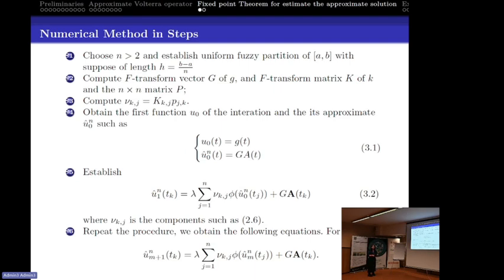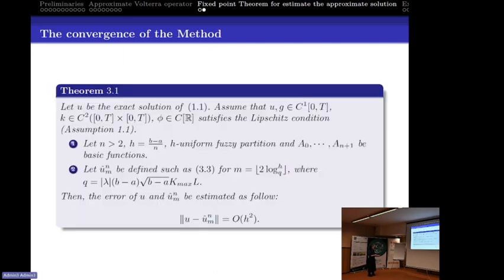Actually, the larger M is, the better the approximate solution is. However, in this theorem, this is the final theorem, the main theorem, if we choose M like this, where this bracket is the floor function, then the errors would be bounded as well.